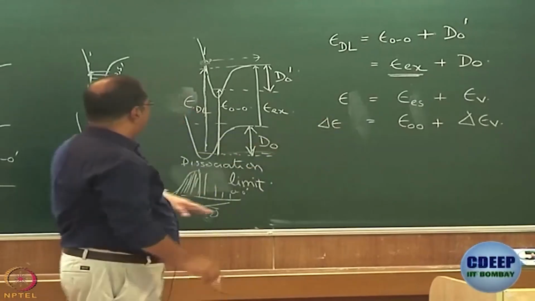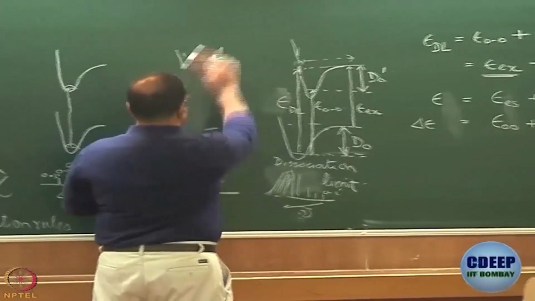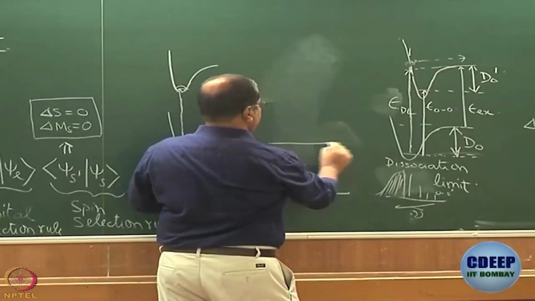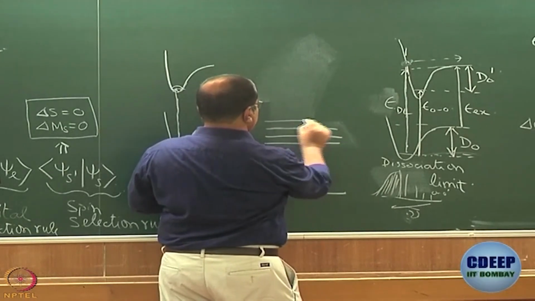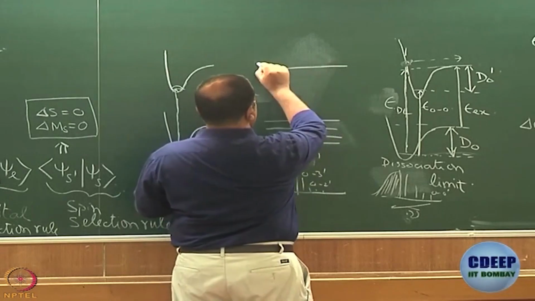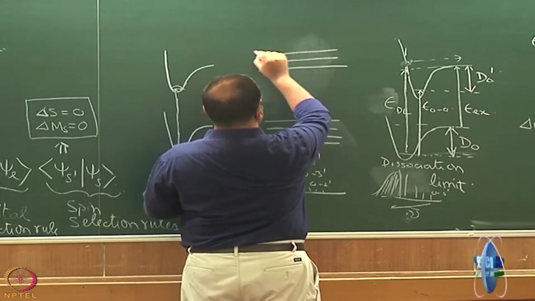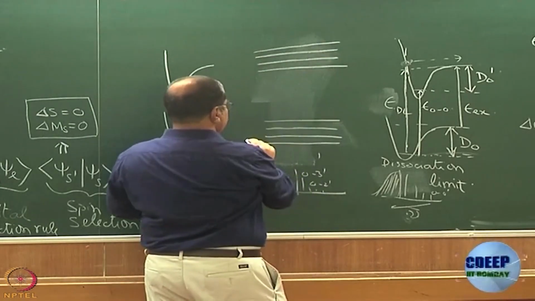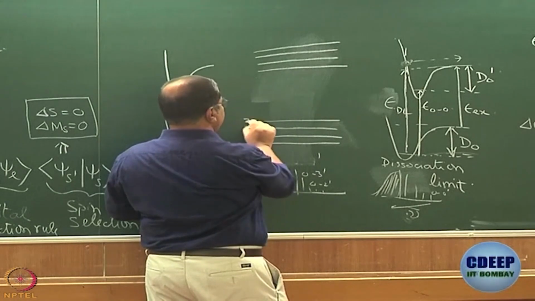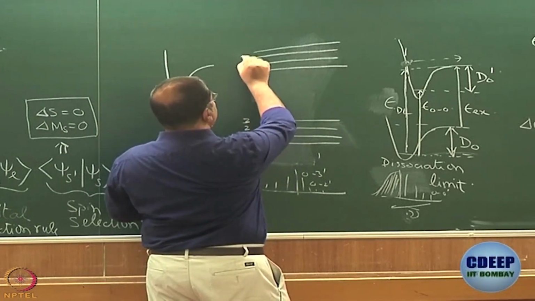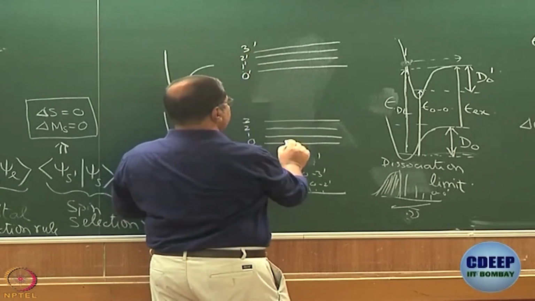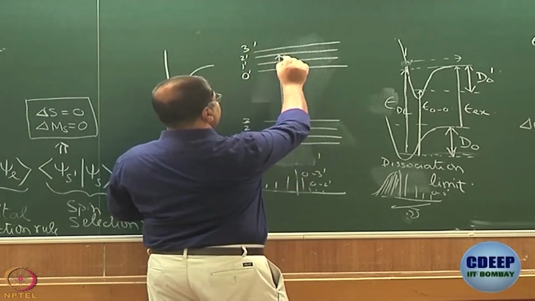It is easier to draw like this. This is V equal to 0, 1, 2, 3. This is V dashed, so 0 dashed, 1 dashed, 2 dashed, 3 dashed. Let us say I have this transition.